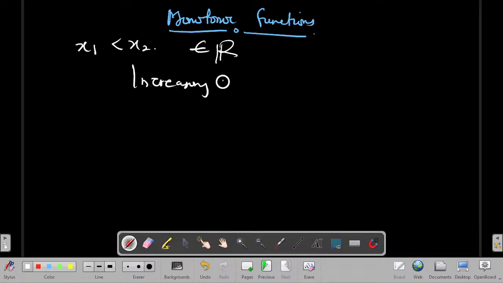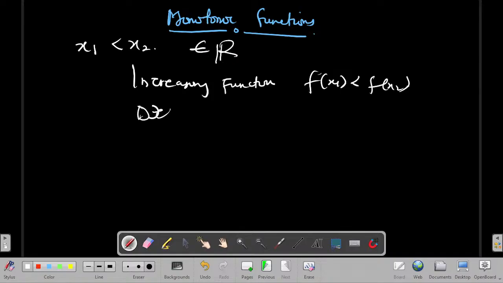An increasing function is such that f of x1 is less than what? F of x2. If I put x1 in a function and I put x2 in a function and f of x1 is giving me a smaller number than f of x2, it means my function is increasing over my domain.